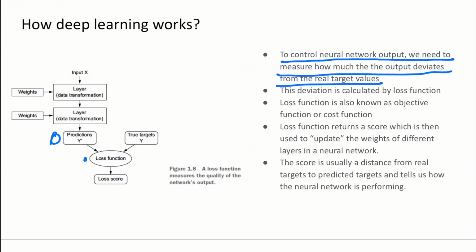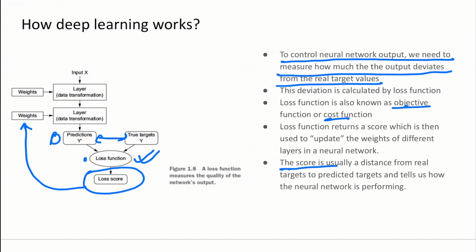If you input a cat image, you want it to predict that it's a cat. This deviation from predictions to true targets is calculated by the loss function. The loss function is also known as the objective or cost function. It returns a score, and this score is then used to update the weights of the neural network. This score is usually a distance from real targets to predicted targets and tells us how the neural network is performing.